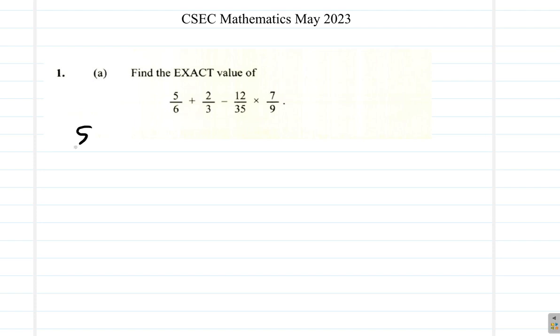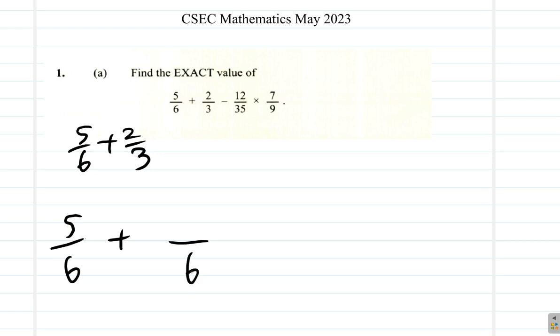So, you have 5/6 plus 2/3. I'm going to use the common denominator method. Let us multiply the 3 by something to make it 6, because what we want is 5/6 plus something else over 6.